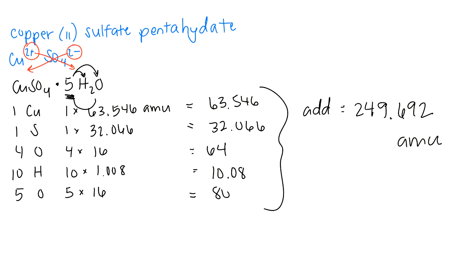So then the next one that we had was find the formula weight of iron 3 nitrate. So we need to find the formula first so that we can find the weight. So iron 3 nitrate.